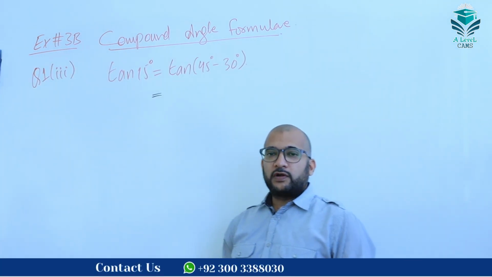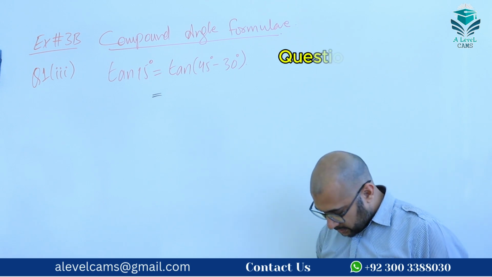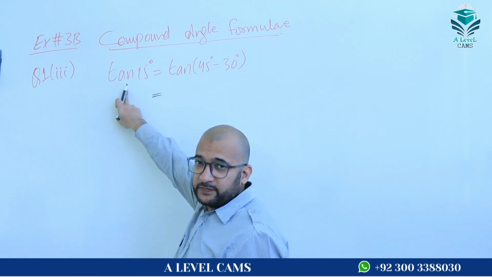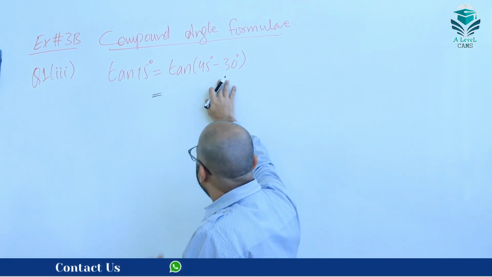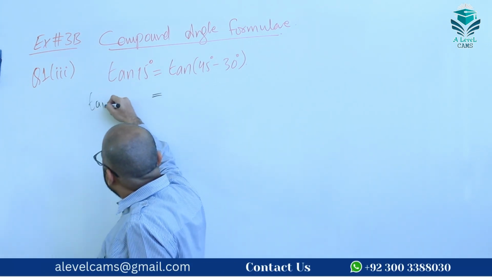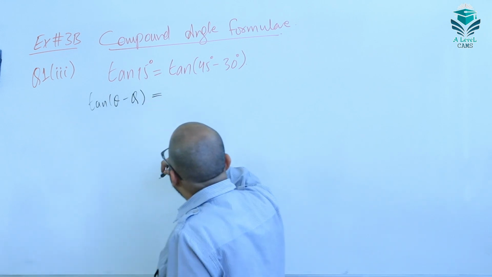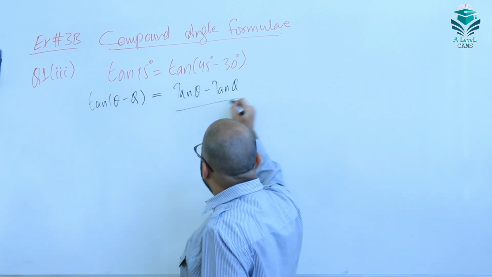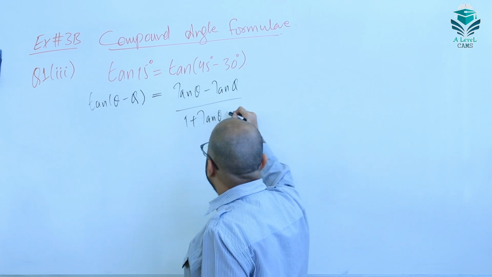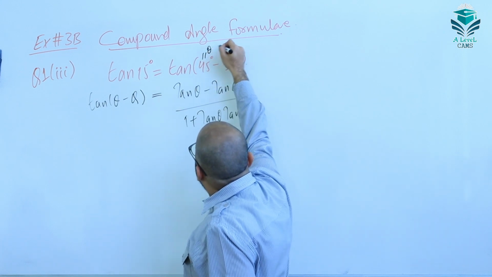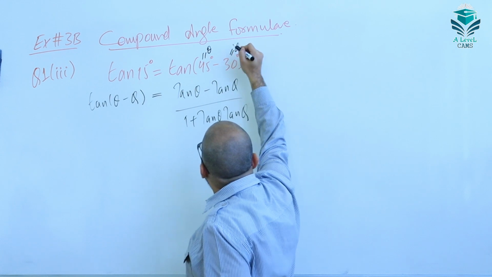So students, now we solve exercise 3B. In question number 1, third part, it says find the value of tangent 15 using the compound angle formula. We know that tan of theta minus phi is equal to tan theta minus tan phi over 1 plus tan theta tan phi. So substitute theta as 45 and phi as 30.